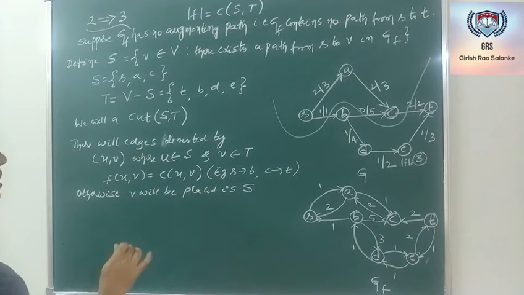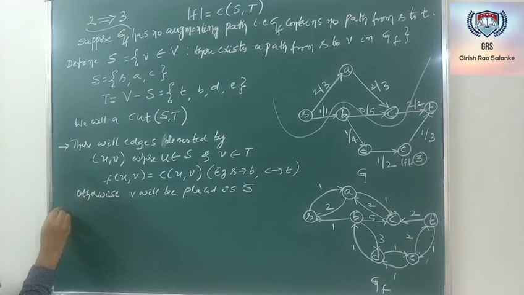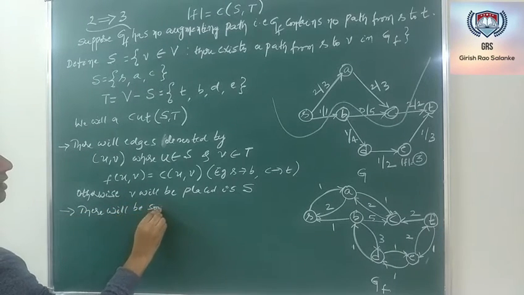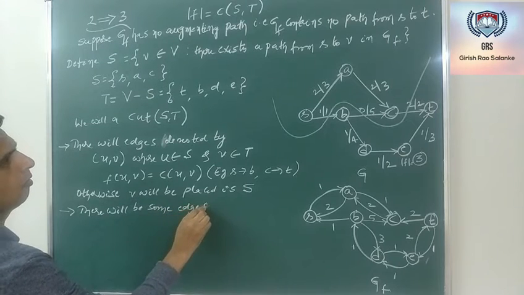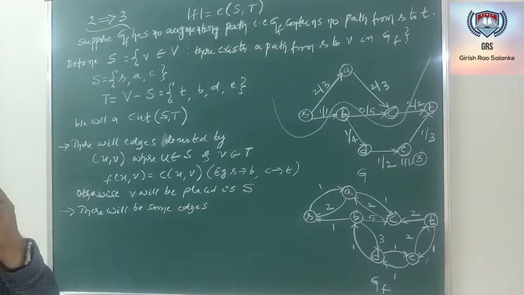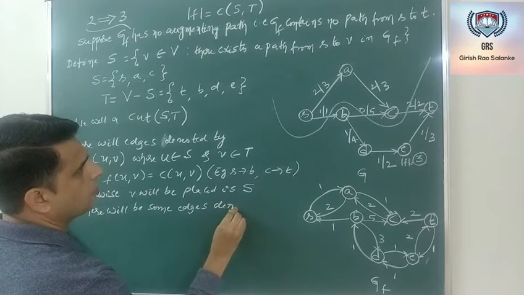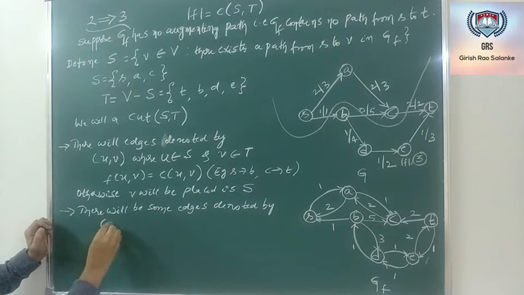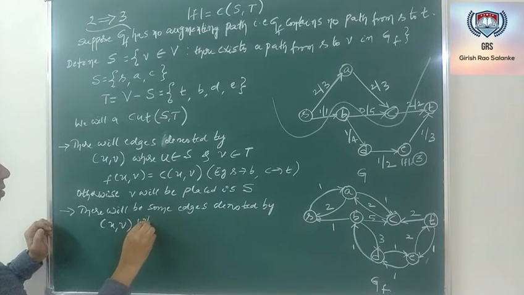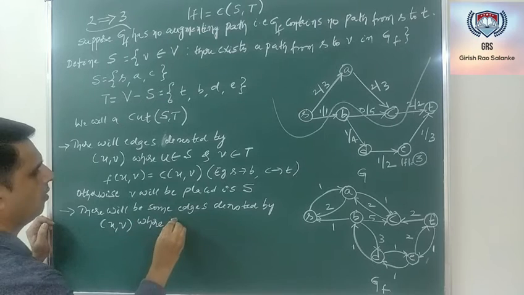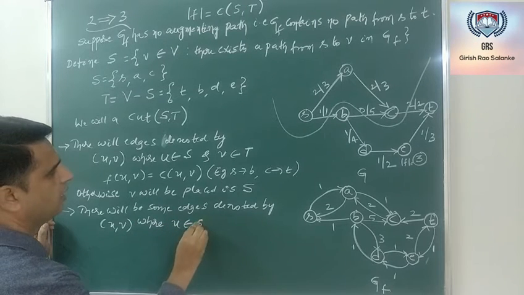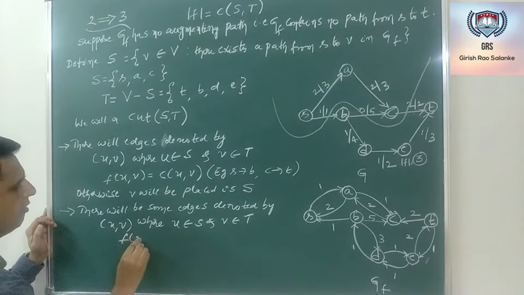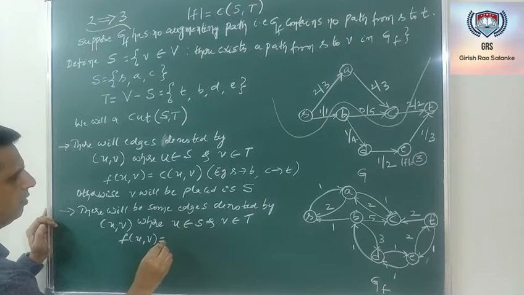Second point to be noted is there will be some edges denoted by UV, where U belongs to T and V belongs to S, such that f of U comma V is equal to 0.